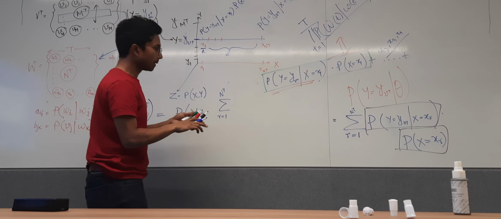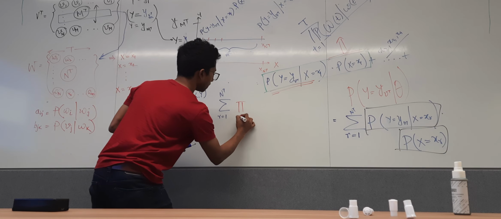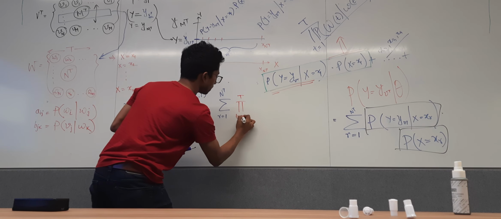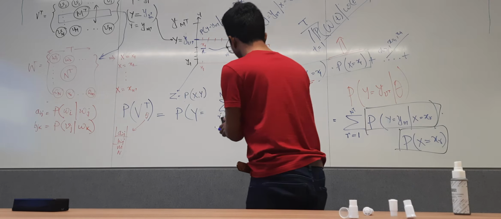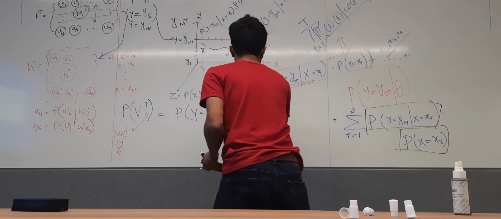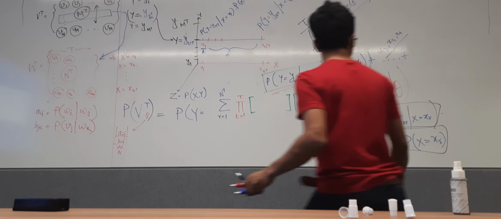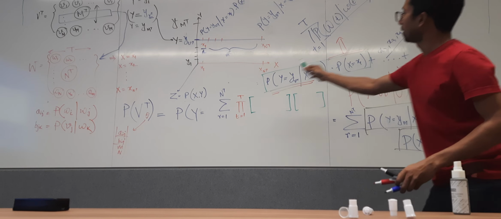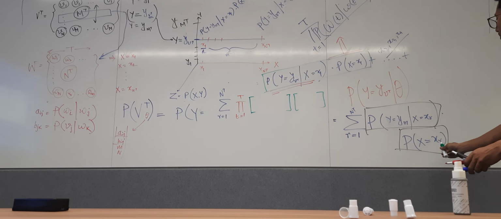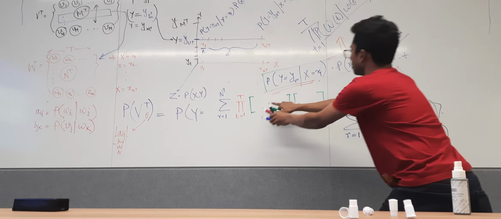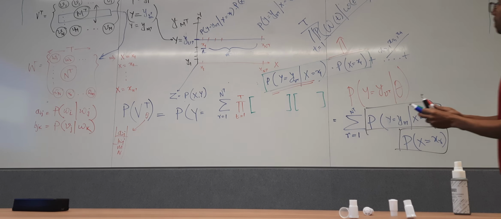So there will be a product over t equals 1 to T, and here I will have two things: one for the transition probabilities and one for the emission probabilities.